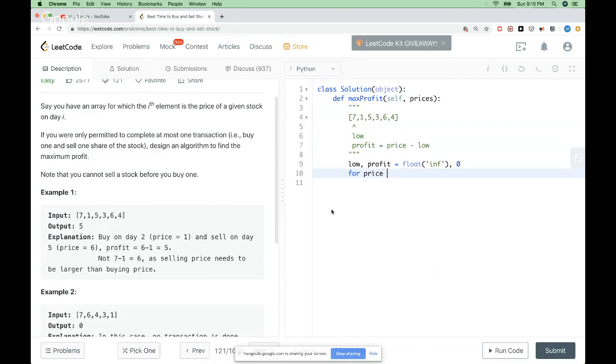Then we'll go through the prices and check if we found a new low value. And we will update the profit if the new profit is bigger: max of profit and price minus low. And at the end, just return profit.